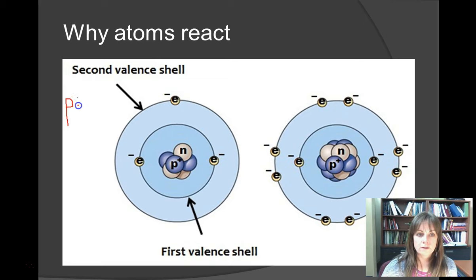we would have plus 3. Now let's count for the electrons. We'd have 1, 2, 3. Each one has a negative charge. So if we're going to look at electrons, we have minus 3.